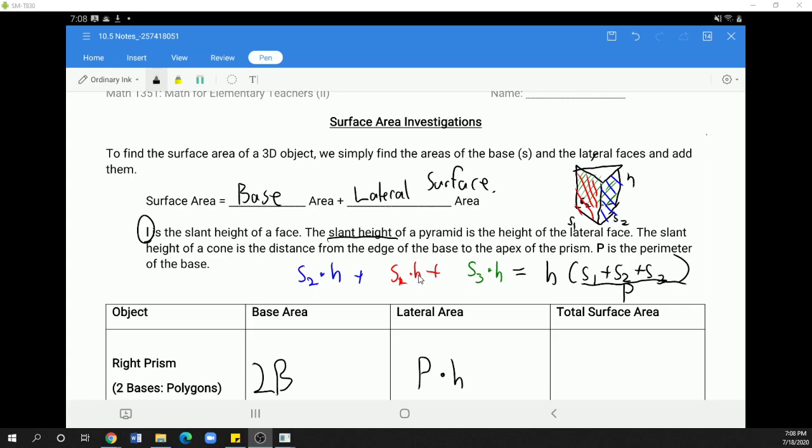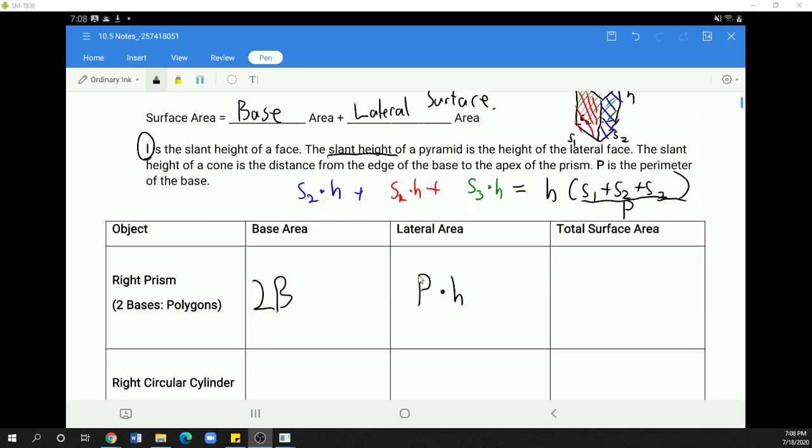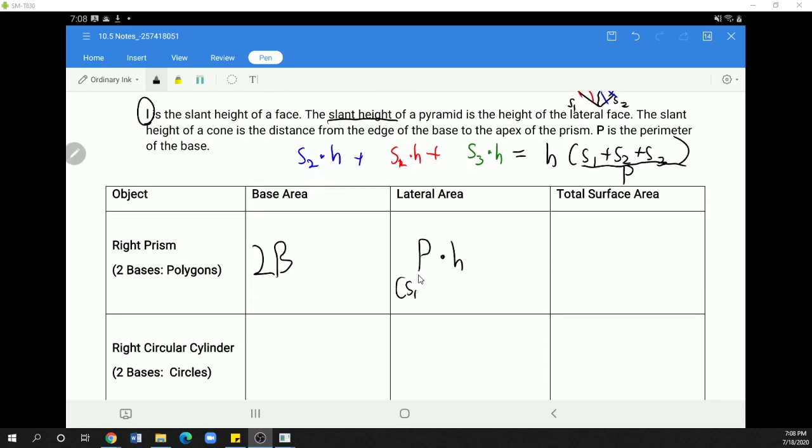So that's why it's perimeter. I could equivalently say S1 plus dot dot dot plus Sn, where n is how many sides the n-gon has, times h. Those are both the same. So the final formula is 2B plus Ph.